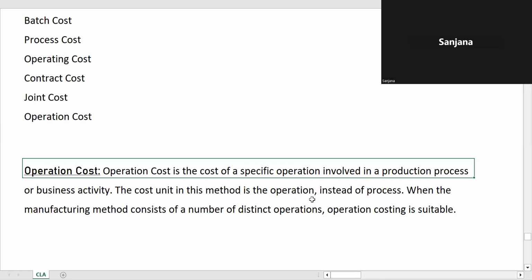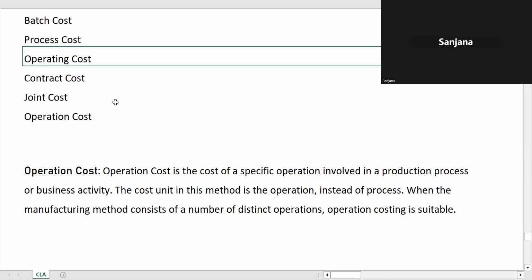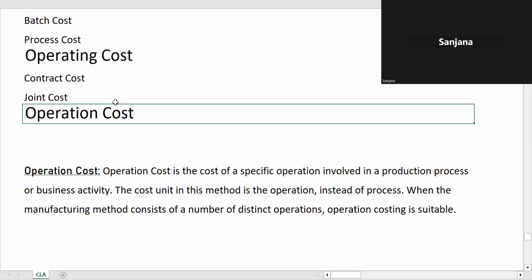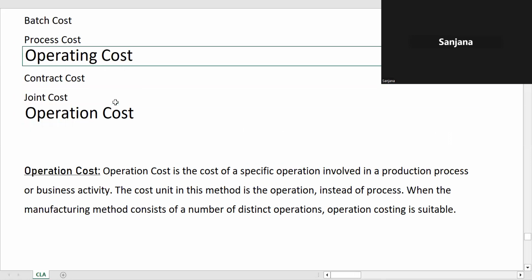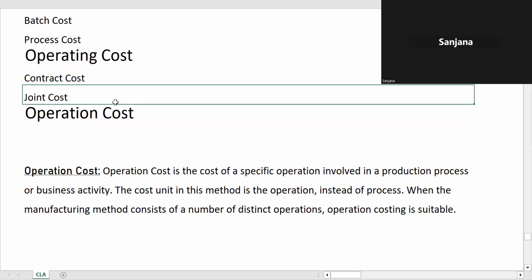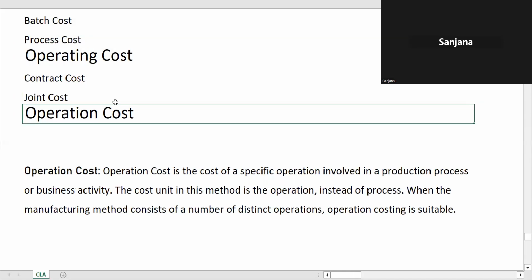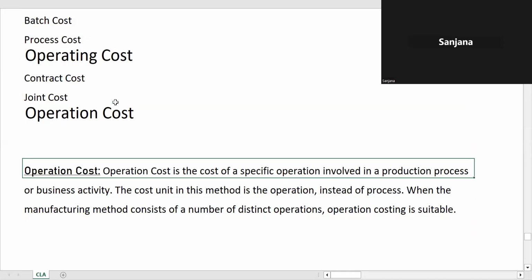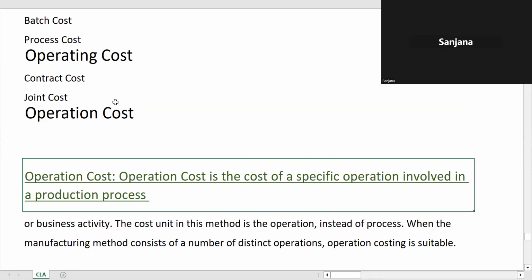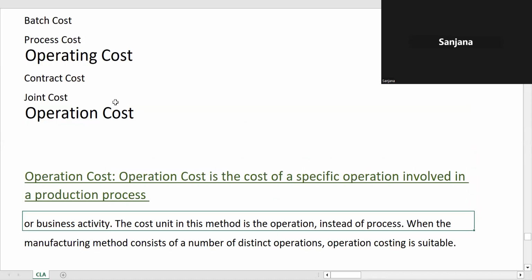Be very alert about operating costing and operation costing. Both are different. Operating is service costing, which we will be studying in detail. Operation is a combination of any of these. It is the cost of specific operations involved in a production process or business activity.